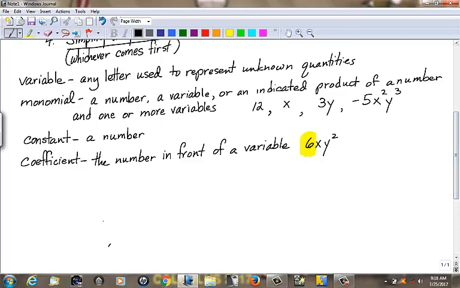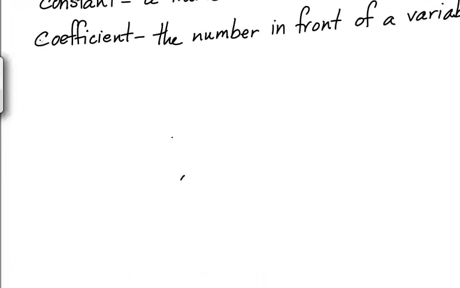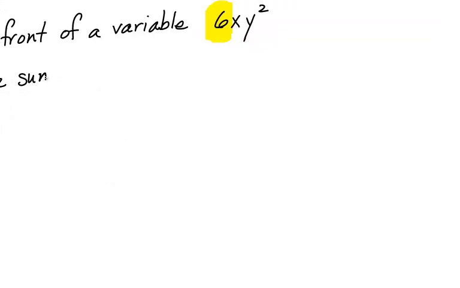Okay, then the author also talks about the degree of a monomial and the degree of a polynomial. The degree of a monomial is the sum of the exponents of the variables.